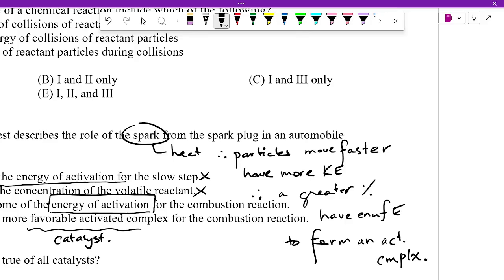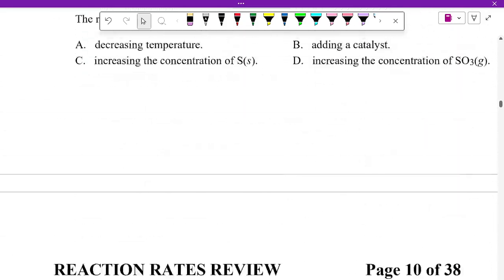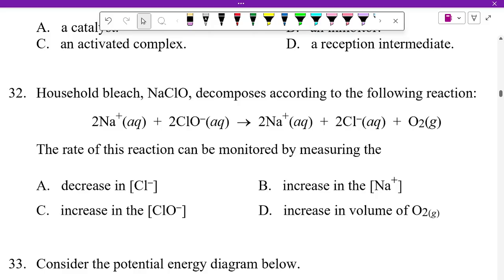Next. 32. Okay. 32, we have household bleach, NaClO, sodium hypochlorite, decomposes according to the following reaction.